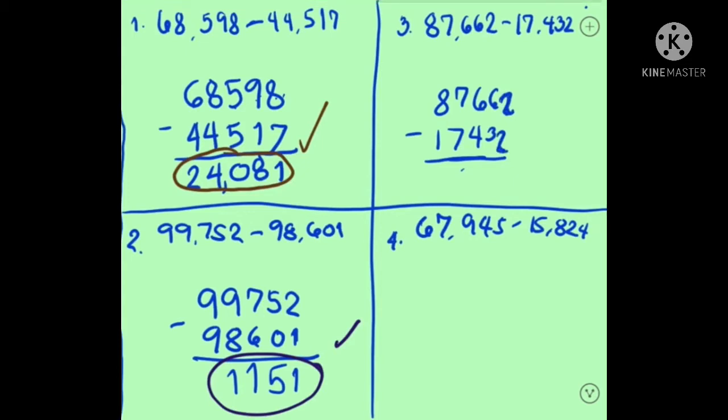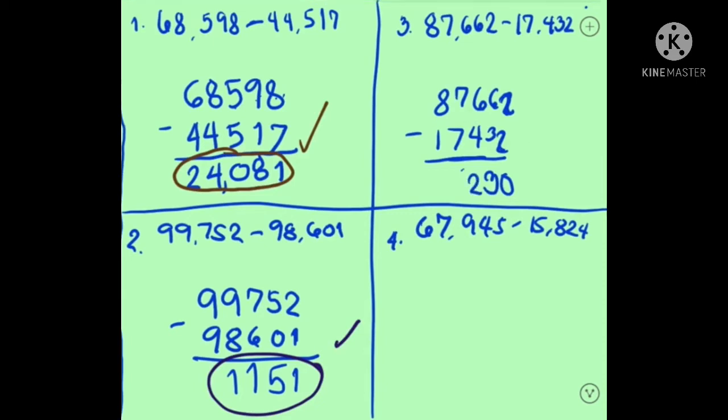What is 2 minus 2? 2 minus 2 is 0. Of course, they are the same. 6 minus 3. 6 minus 3. And then, this one is 3, correct? 6 minus 4. 6 minus 4 is 2. Very good.